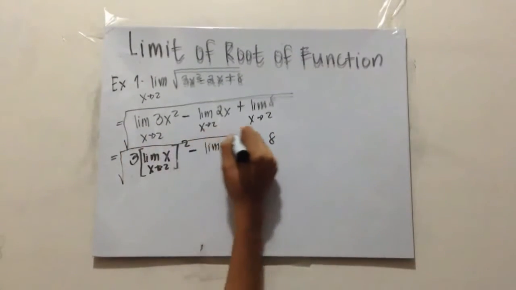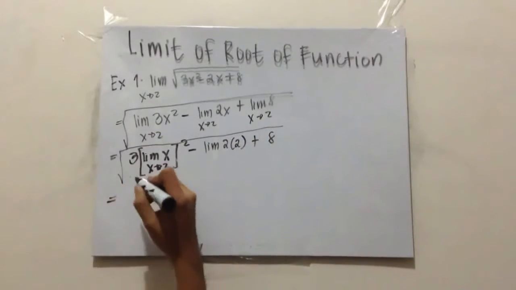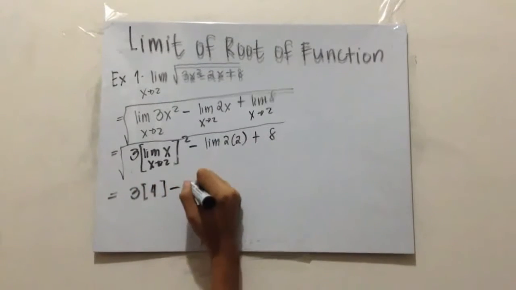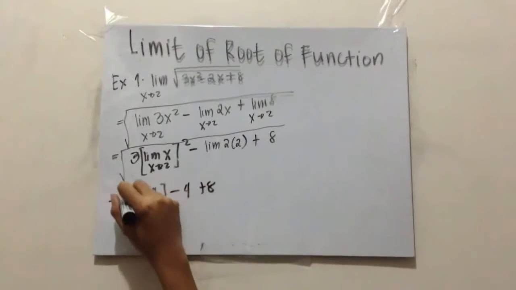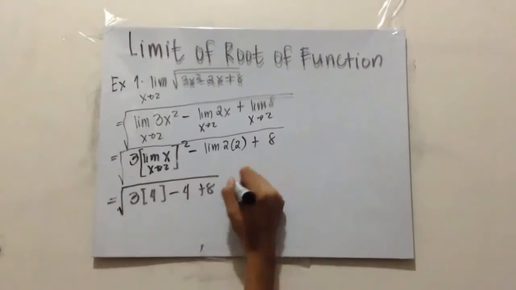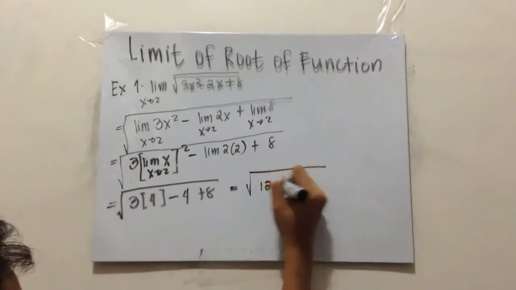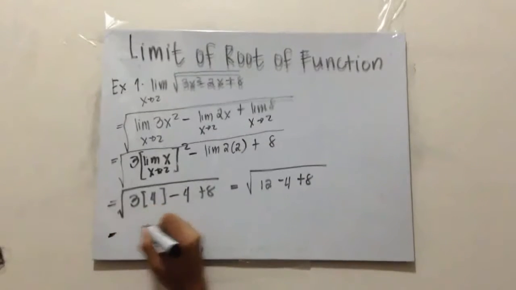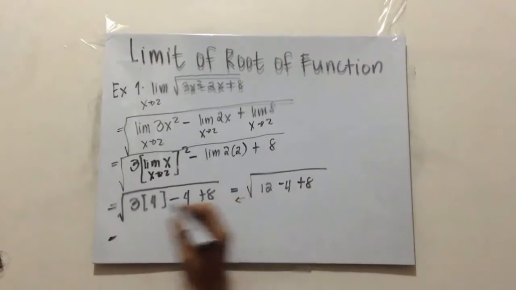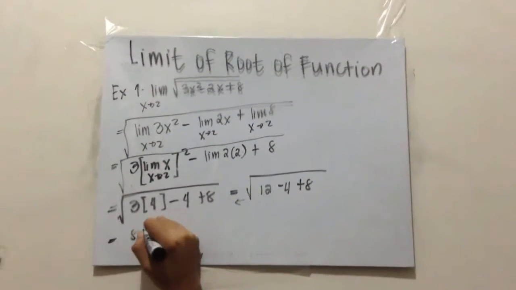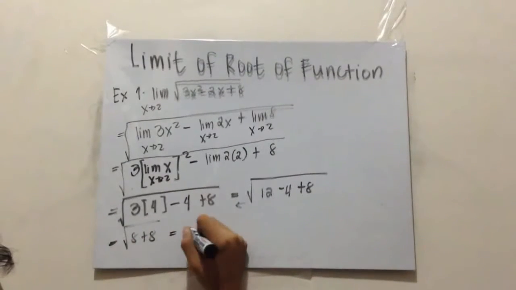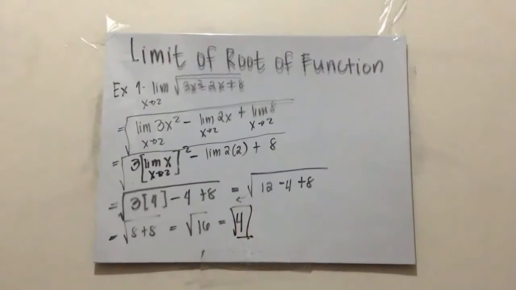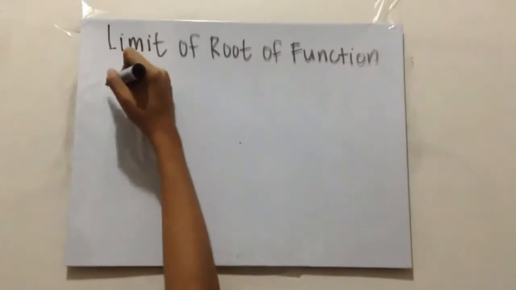That's why we will put 2 beside the 2, plus 8. Bring down again 3. The limit of x as x approaches 2 is 2 squared. That's why the answer is 4. 2 squared is 4. Minus 4 plus 8 is equal to the square root of 12 minus 4 plus 8, which is equal to 8 plus 8 under the square root, which is equal to the square root of 16. That's why the square root of 16 is 4.